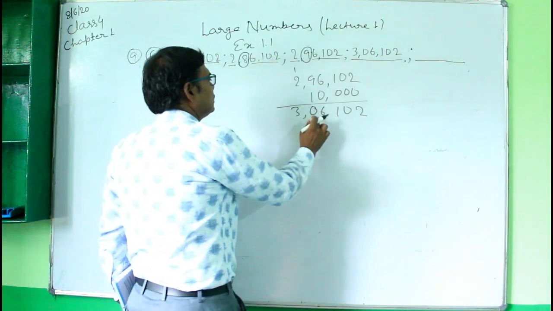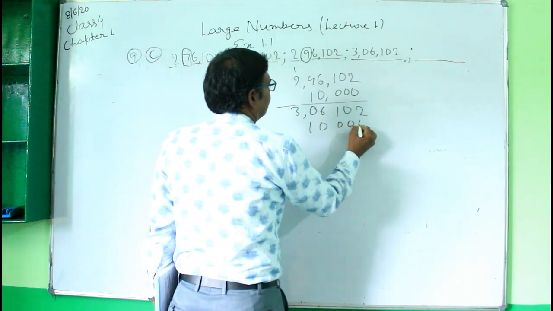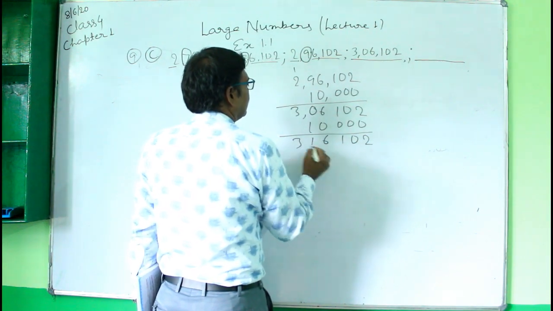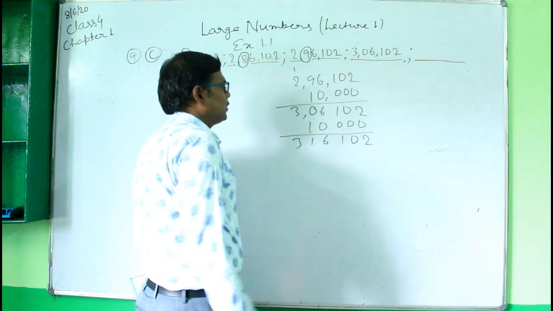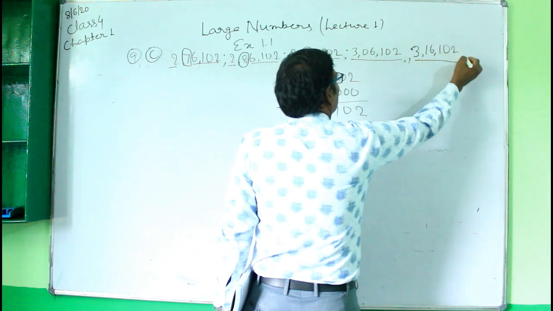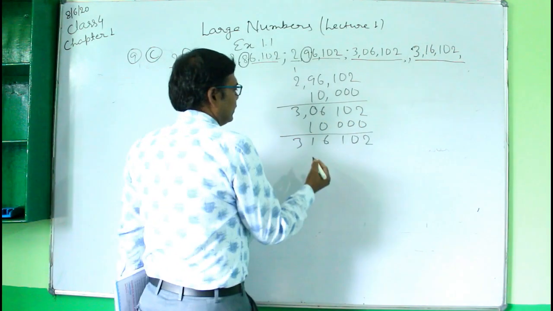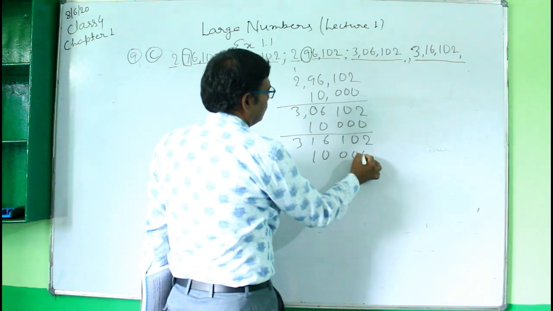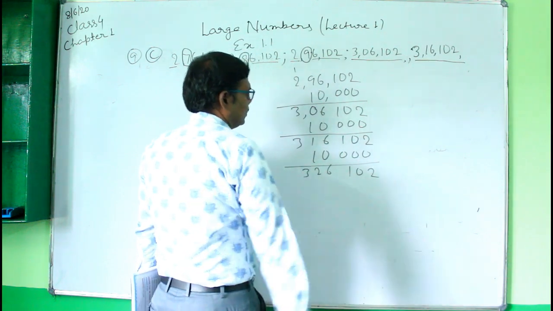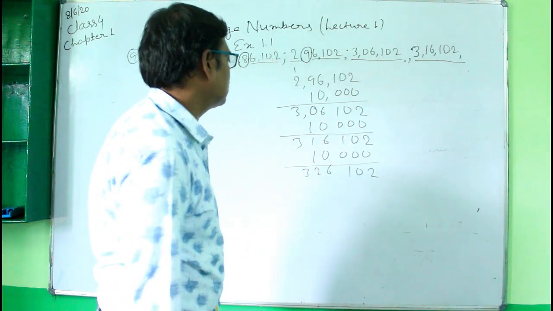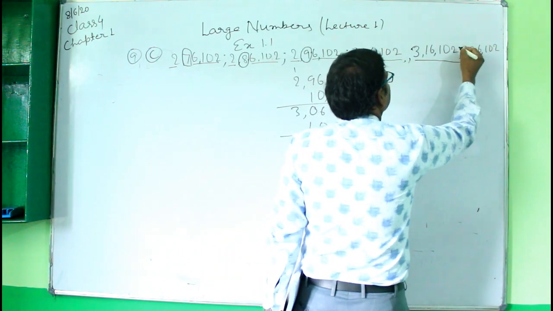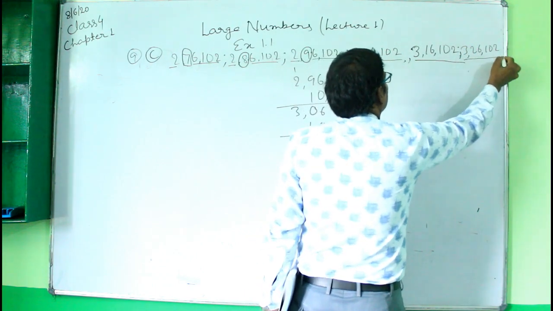Now what is the next number? Again you will add 10,000 to this number. So the next number is 3,16,102. Then for the last number, again you will add 10,000 to this number, and you will get 3,26,102. So this is the third number.